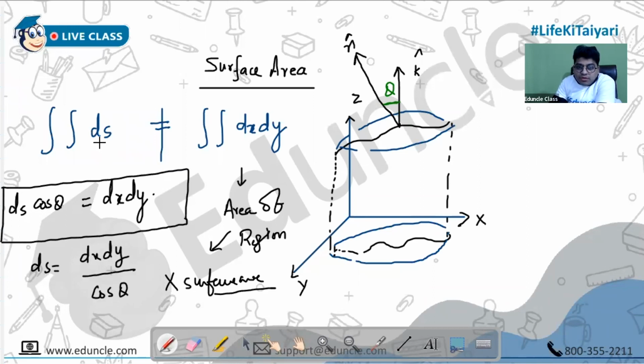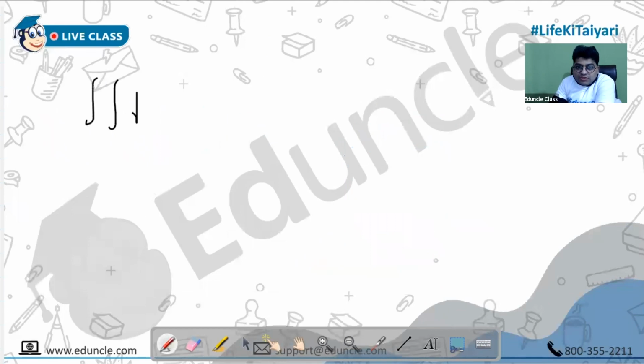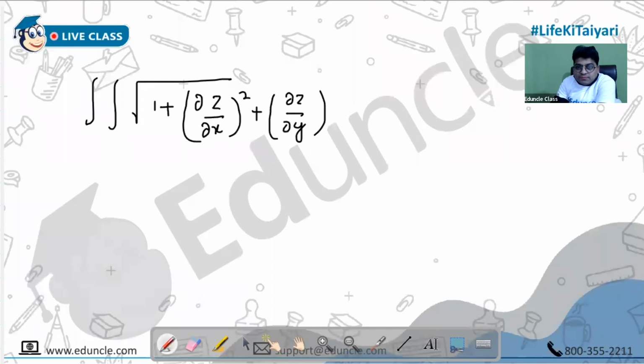ठीक, now I have discussed with you that surface area is double integration of under root 1 plus del z by del x whole square plus del z by del y whole square, dx dy. बताया था ना, ये बात मैंने बताया था.